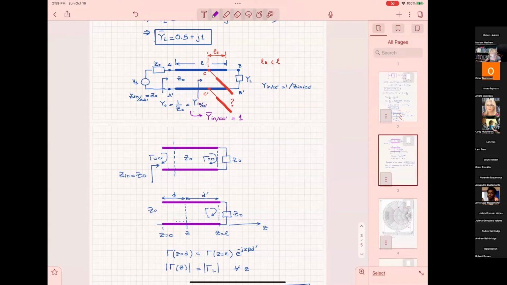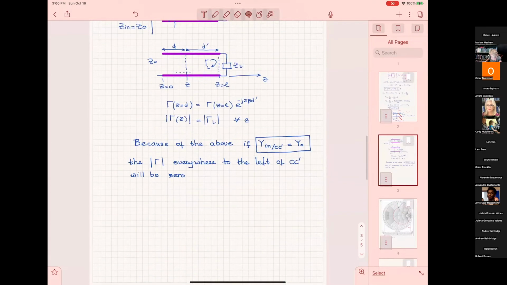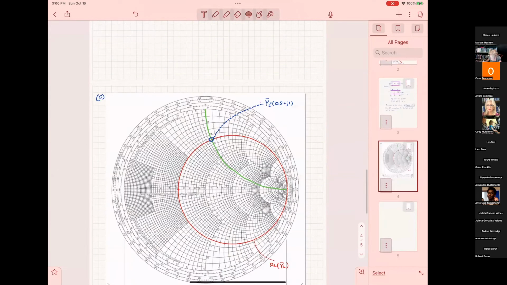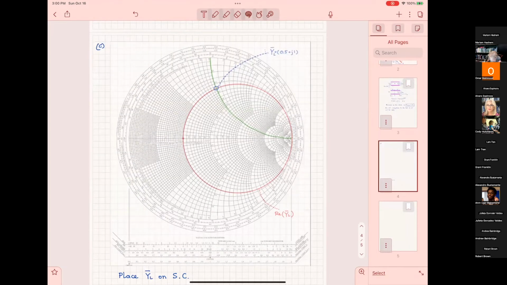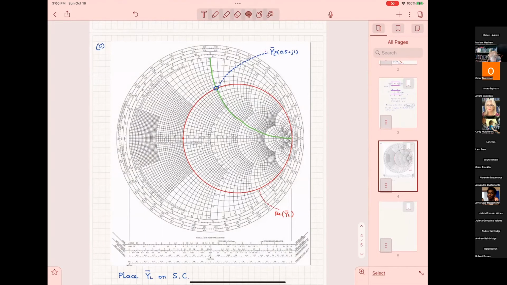So I would like from here on the Smith chart now, as I move from here to here, I want to find my input impedance from this point, which is the load. You remember, I'm starting with the load, which is here. And at the end, I want to find myself where? Here.